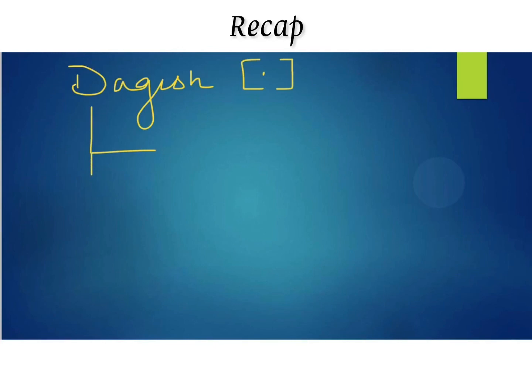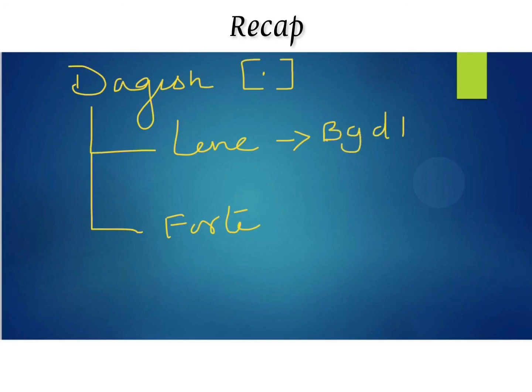Secondly, what did we learn? Second, we learned about Dagesh. What is a Dagesh? A Dagesh is nothing but a dot in the heart of a letter. This Dagesh also can be divided into two. One is Dagesh Lene and the other one is Dagesh Forte. Where does the Dagesh Lene come? Dagesh Lene comes only in the Begad Kefat letters. And what is the use of Dagesh Lene in Begad Kefat letters?